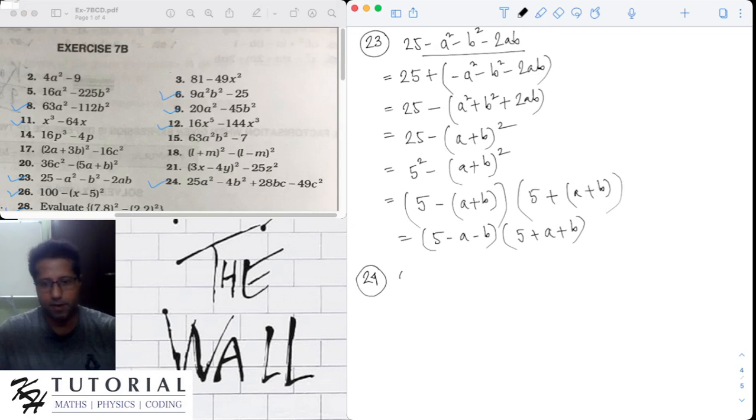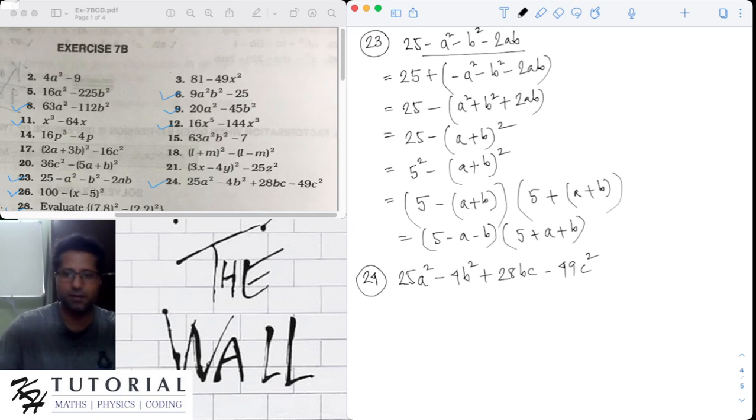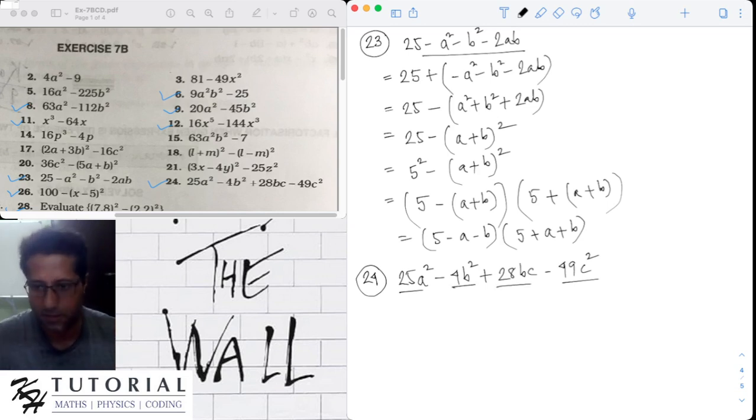24 is 25 a square minus 4b square plus 28bc minus 49c square. Now this is a little bit complex, a little bit hard problem, but you must solve the problem from the basics. Now you see, this is a square term, this is a square term, this is a square term, and this term is having the variables b and c.